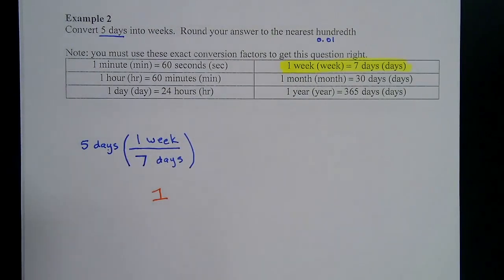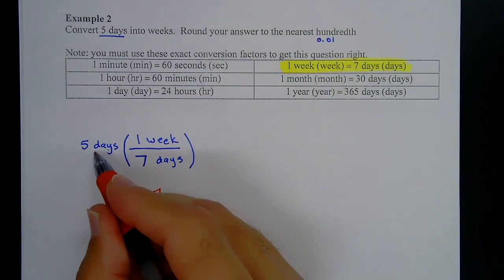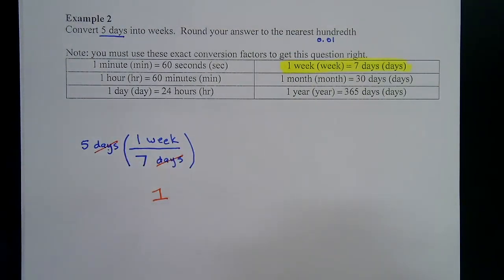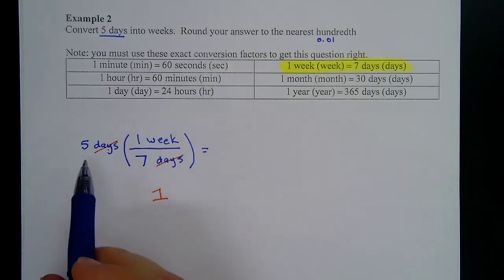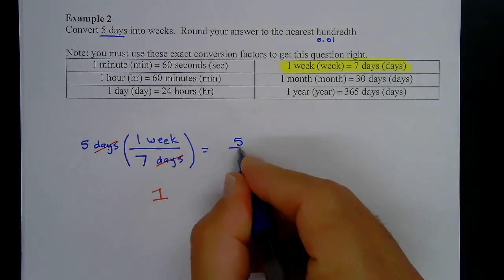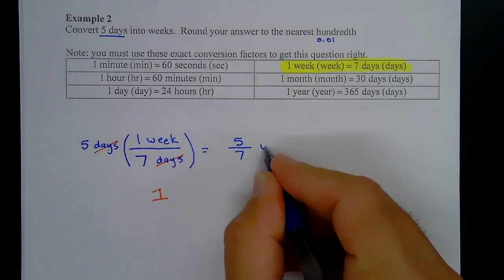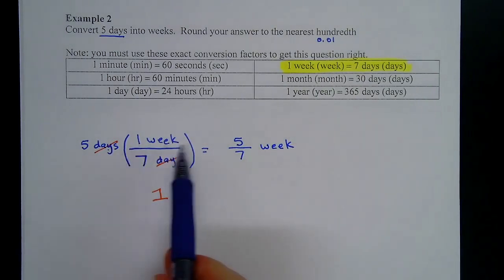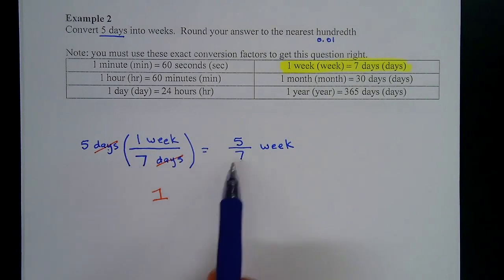And also I know that this unit days and this unit days cancel. And what I'm left with, now this is a fraction. What's underneath this 5 is a 1. So 5 times 1 is 5. So we have 5 over 7, and this would be weeks, because 5 times 1 is 5, and then 1 times 7 is 7.